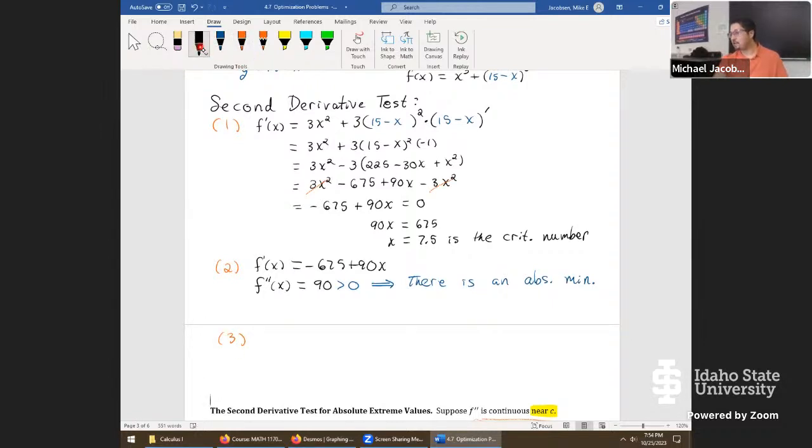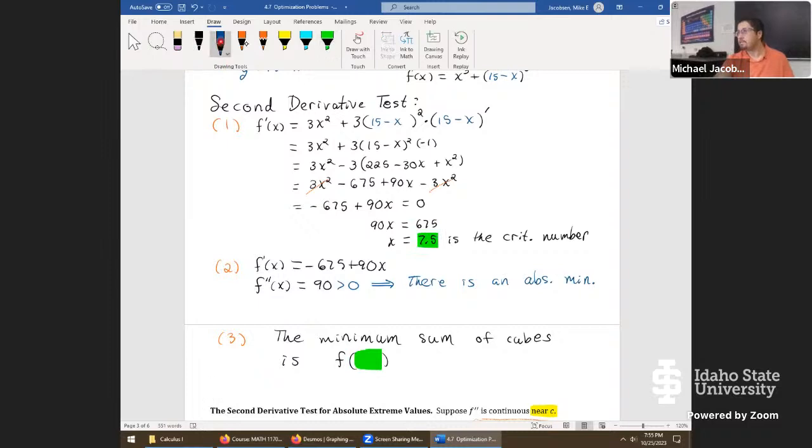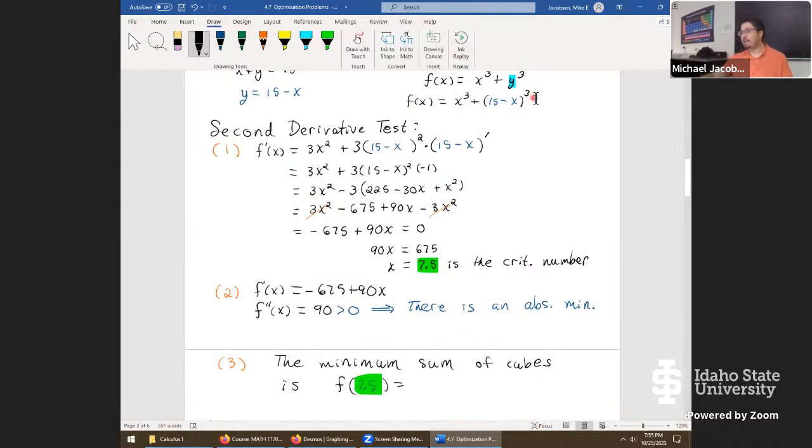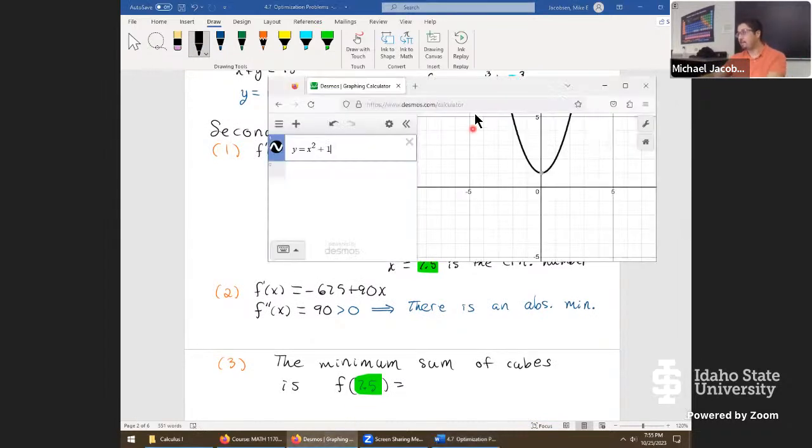On step 3, we say the minimum sum of cubes is, now we're going back to the original function f, putting in the critical number of 7.5, and then just throwing this all into a calculator. We need our original function f of x. I'll use this one right here by the red dot.